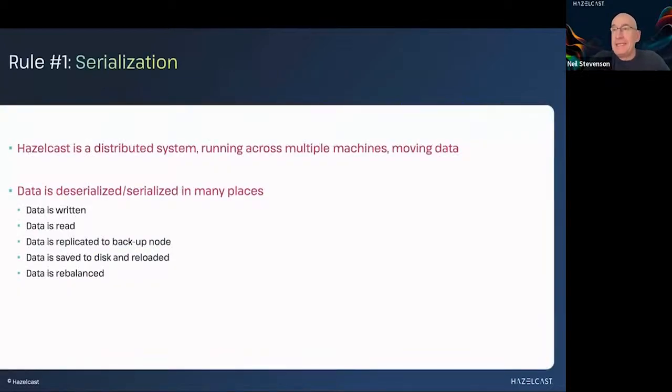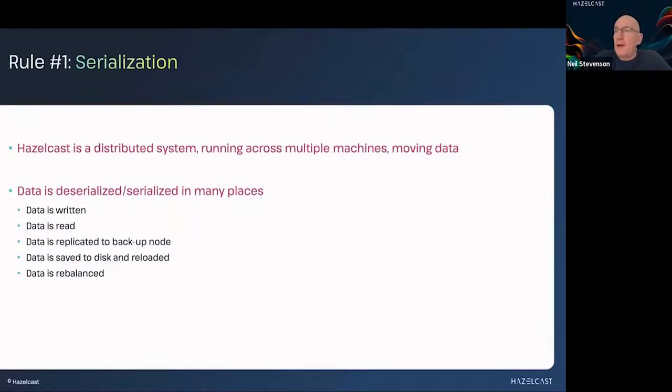So Hazelcast is a distributed system. Typically, it's a cluster of multiple processes, typically across multiple machines. And that means moving data from place to place. So what's important is that movement of data from place to place happens quickly. Speed matters.